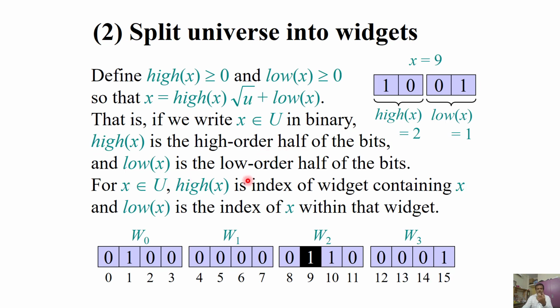This way we get the low and high for every x. For x equal to 2, that is 0 0 1 0. So 0 0 means this widget, and 1 0 means it will be here. So this is basically the x equal to 2 position. So this will continue.